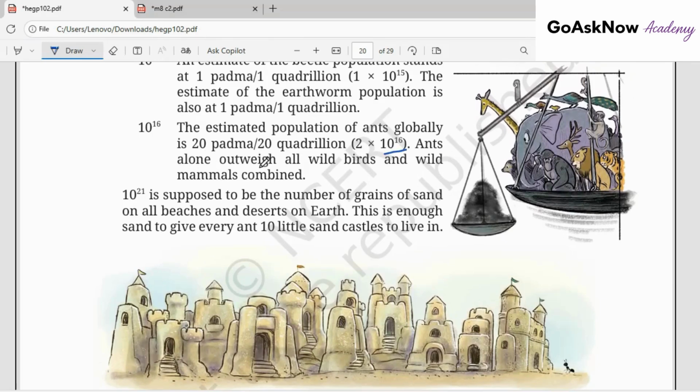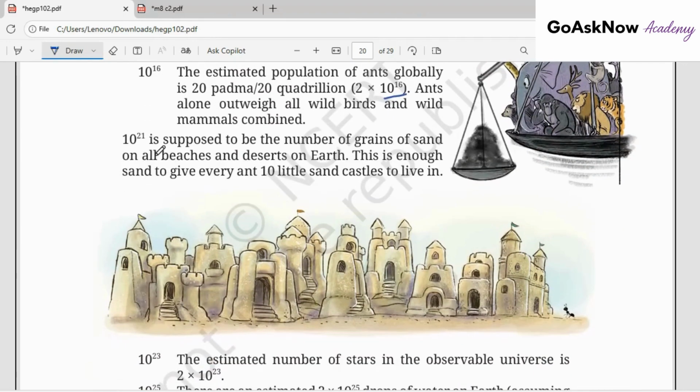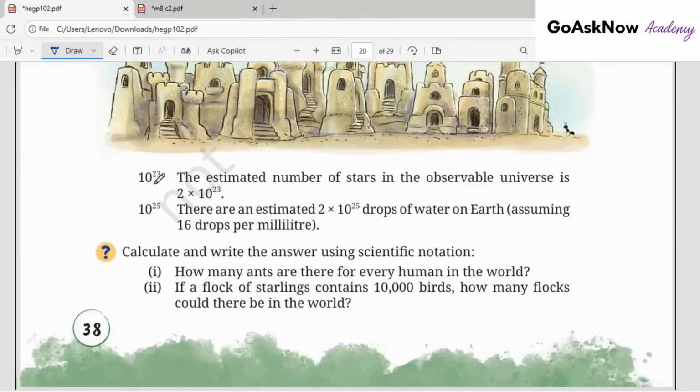Ants alone outweigh all wild birds and wild mammals combined. 10 power 21 is supposed to be the number of grains of sand on all beaches and deserts on earth. This is enough sand to give every ant 10 little sand castles to live in. 10 power 23.